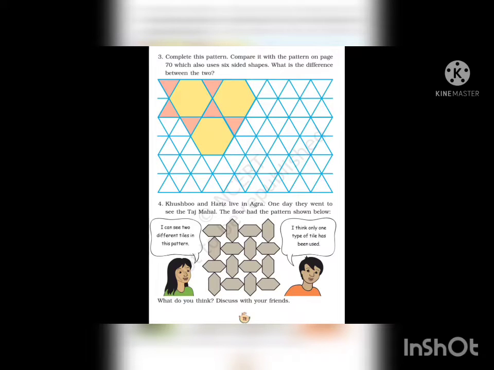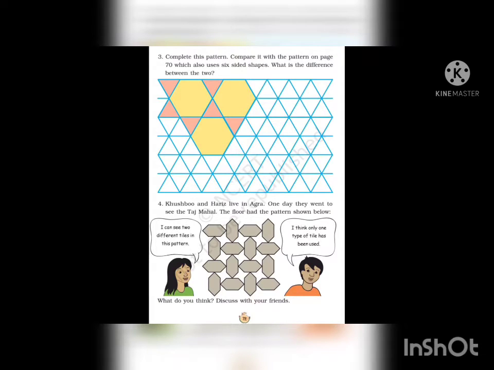Next: Khushbu and Haris live in Agra. One day they went to see the Taj Mahal. The floor had the pattern shown below. See, here we can see the floor pattern. Here is a tile which is placed at different angles.